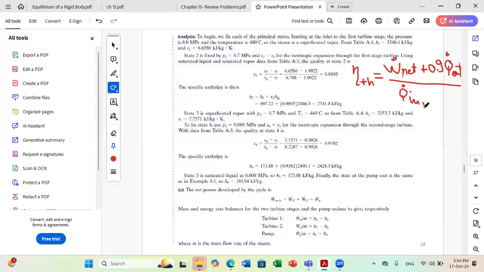So heat recovery will always increase my efficiency because the denominator will remain the same, but the numerator will increase, because I added this component to my useful, if you want, this is the useful power, and this is the useful heat, okay?